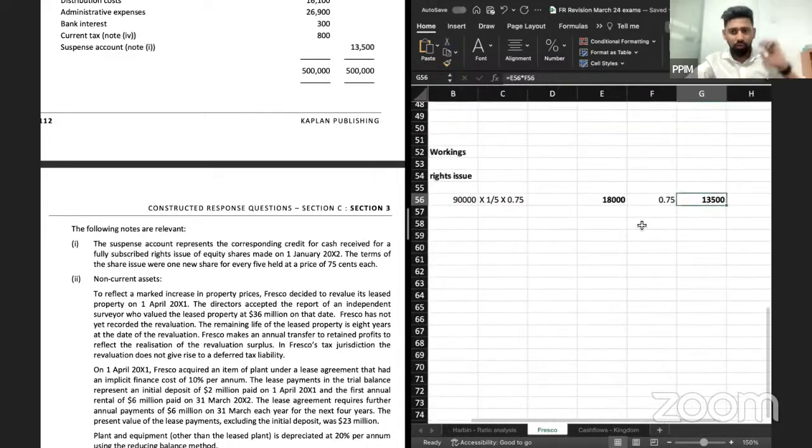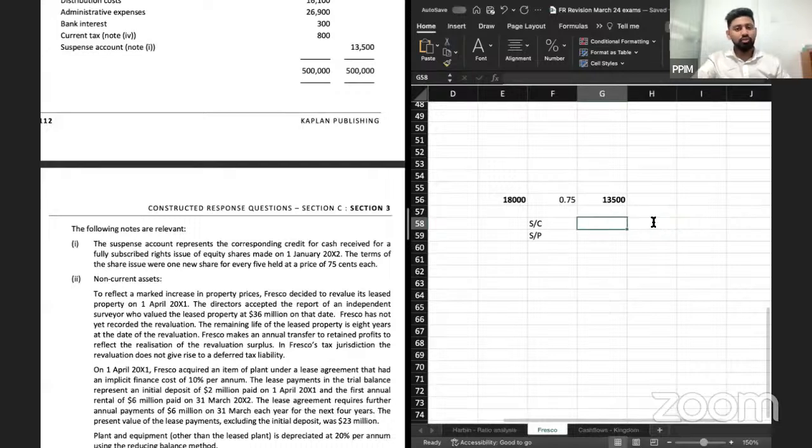How to account? Listen to me very carefully. There will be a portion that will go to share capital. There will be a portion that will go to share premium. Correct? How much will be your share capital figure? How much will be your share premium figure?